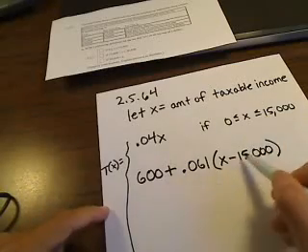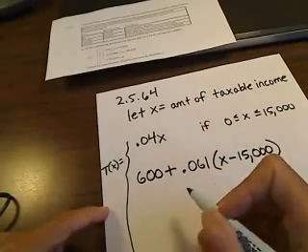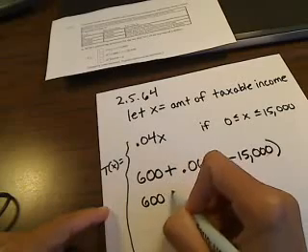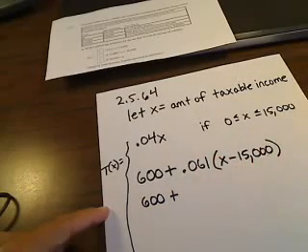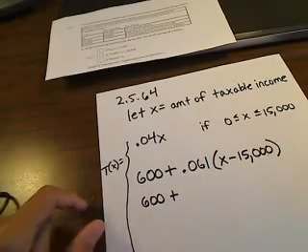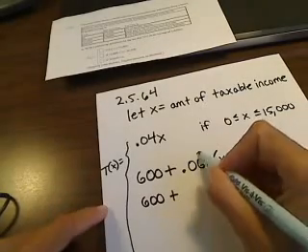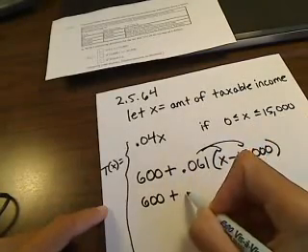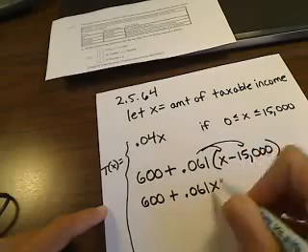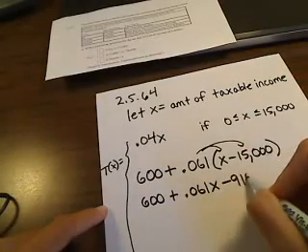Okay, they wanted us to simplify this little piece right here. So this is going to be 600 plus, and I want to distribute the 0.061. I'm going to use my calculator here. 0.061 times 15,000 is 915. So if I distribute, I get 0.061x minus 915.